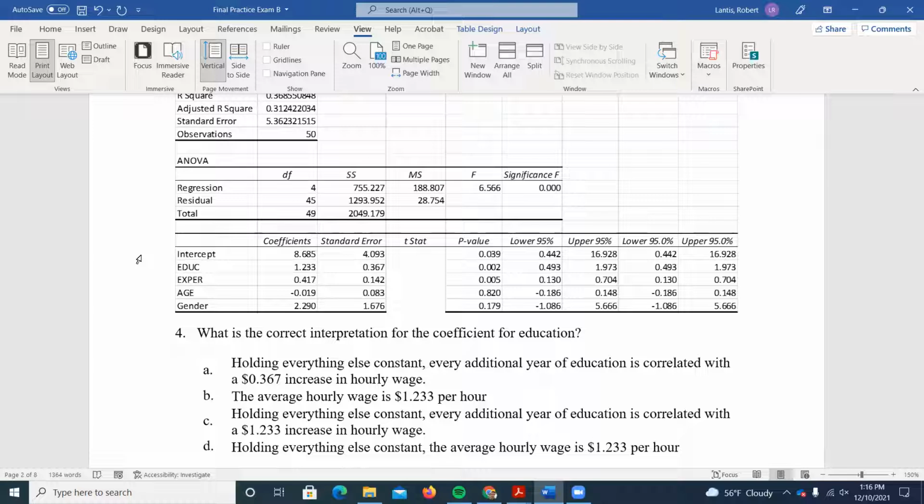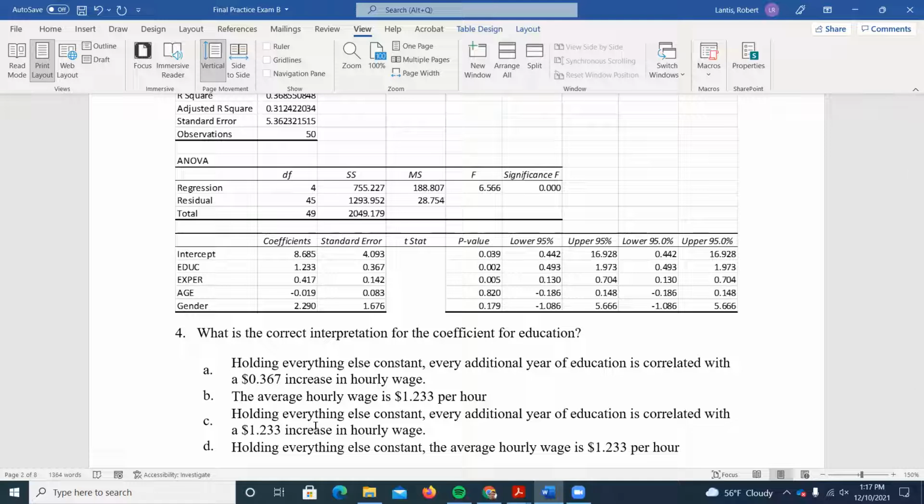Probably better to say it's correlated with a wage increase, or the predicted wage is $1.23 higher, right? And the caveat we have to add, when I've got more than one variable on the right-hand side, is holding everything else constant. So holding everything else constant, every additional year of education is correlated with a $1.23 increase in hourly wage.